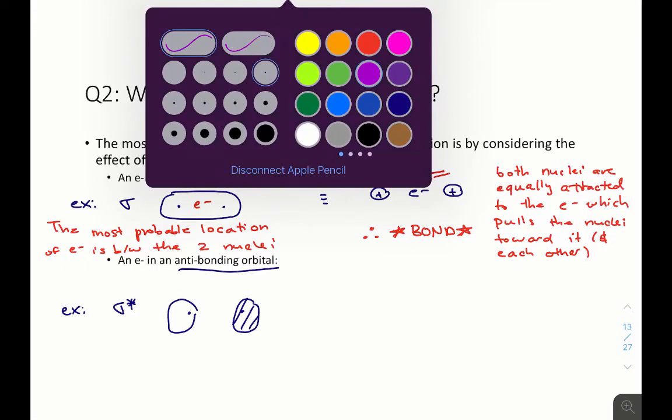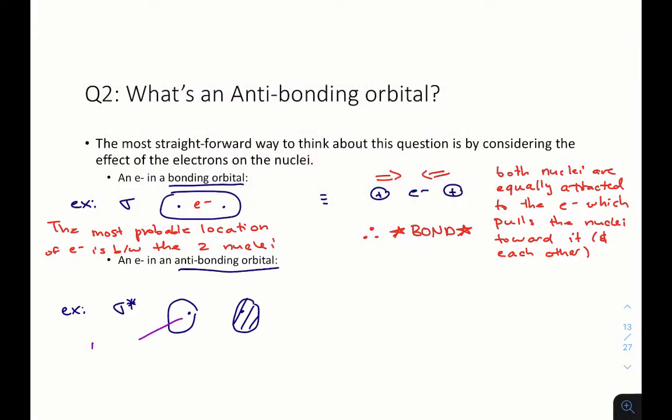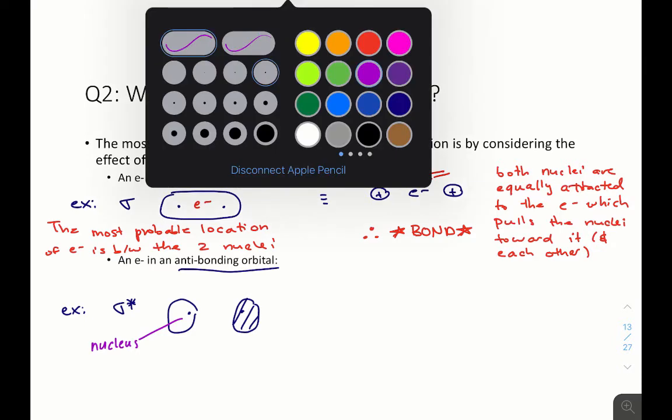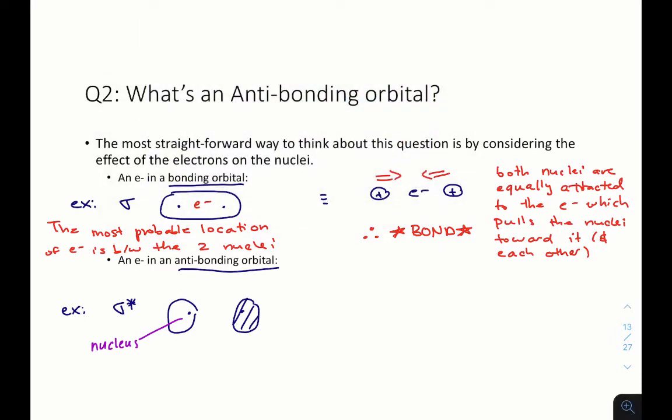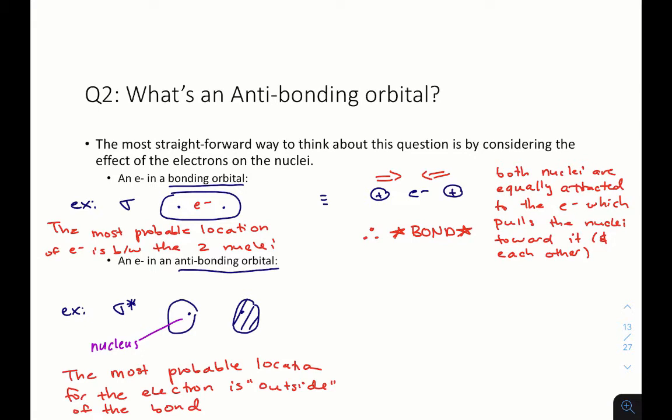The electron is most likely to be on the outside of the bond. So not in between the nuclei, but on the outside. After all, there's a node in between the nuclei for this orbital. And nodes are regions of zero electron density.